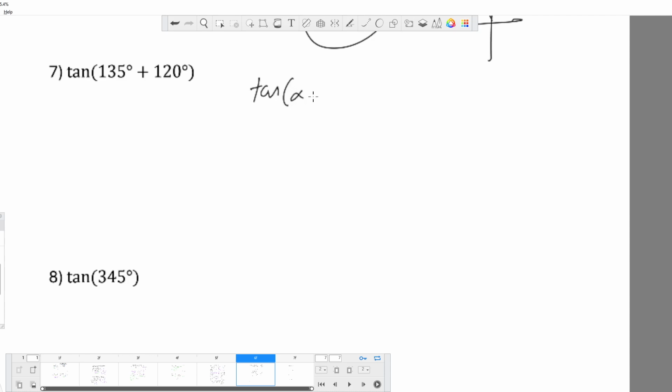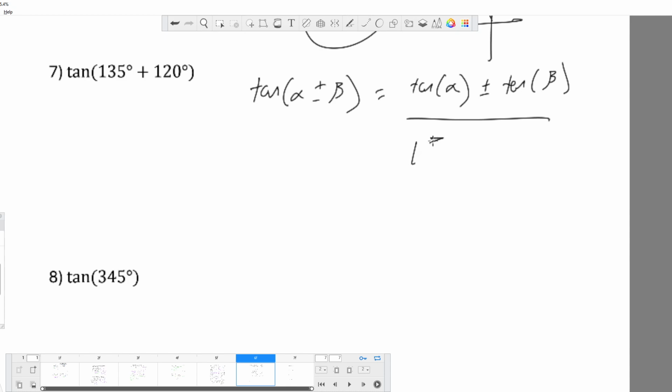If we have tangent of alpha plus or minus beta, that is supposed to be tangent of alpha plus or minus, so matching sign, tangent of beta over 1 minus or plus, so the opposite sign here, tangent of alpha times the tangent of beta. So to do this, we're going to have to figure out a bunch of tangent values.